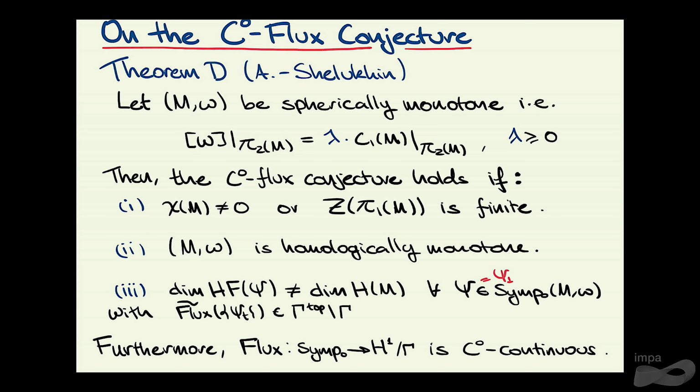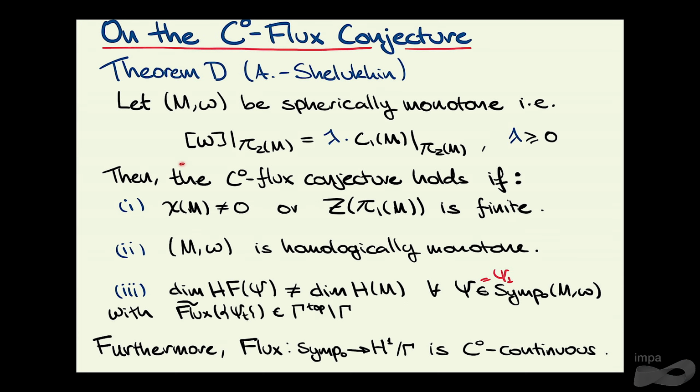It's not written here, but because this is a recent development, in this situation we can also show that the flux conjecture holds if your symplectic manifold is of Lefschetz type, for example. So any Kähler manifold with non-zero Euler characteristic or whose fundamental group has finite center.